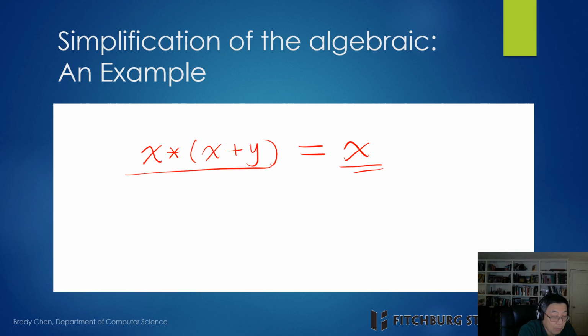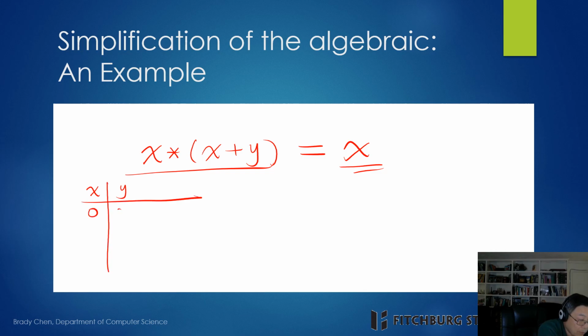But you look at the left side and right side, and you find out the right side is much, much simpler than the left side. So let's build a truth table to show this is the case. For the truth table on the left side, there are two values, x and y.